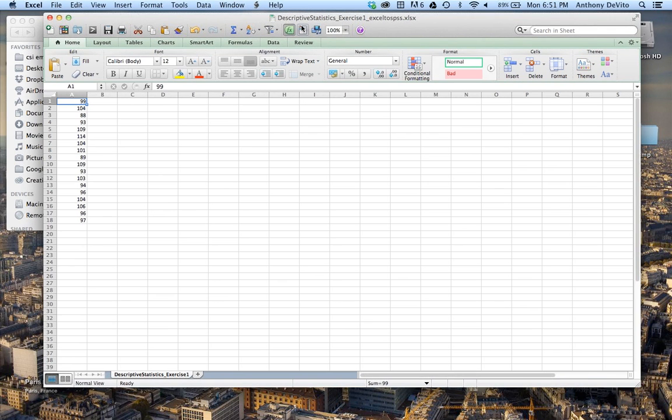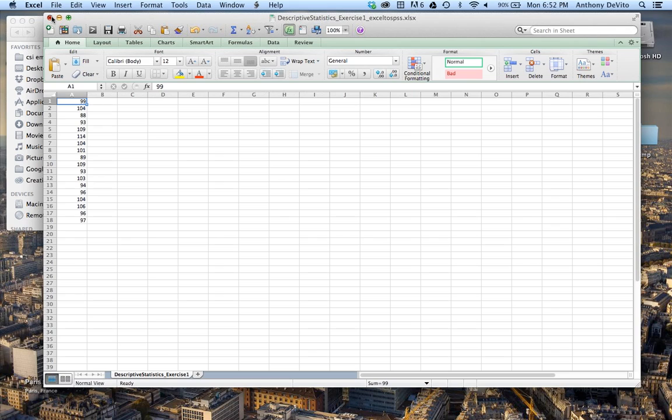This file, which I call Descriptive Statistics, Exercise 1, Excel to SPSS, is an Excel file, but I stripped off all the other stuff around it, so it's only my raw data. In this case, I didn't even put a variable name in the top row, so this file will be easy to import into SPSS.